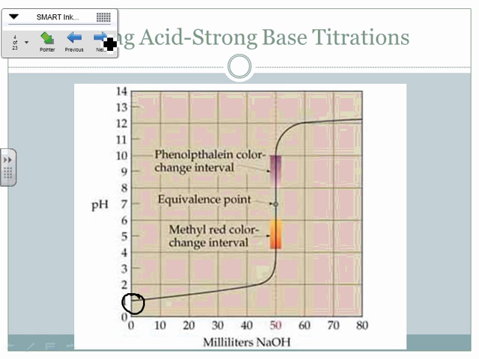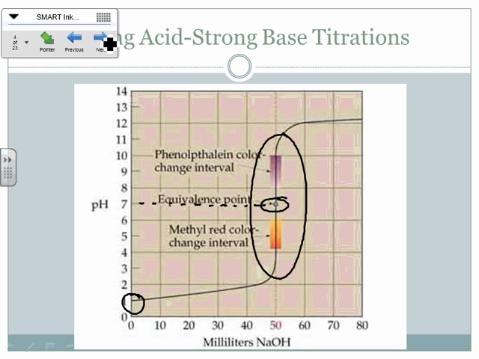Now notice another thing. See where the equivalence point falls here? It's right at a pH of 7. And the other thing I want you to notice is this curve right here is incredibly steep. And that's the way it's going to work on a strong acid, strong base.